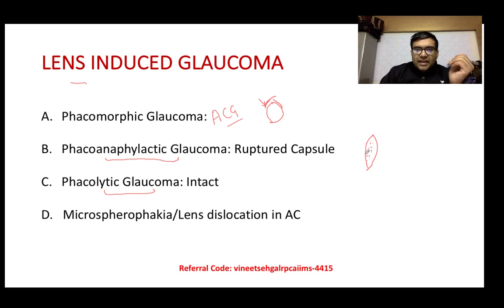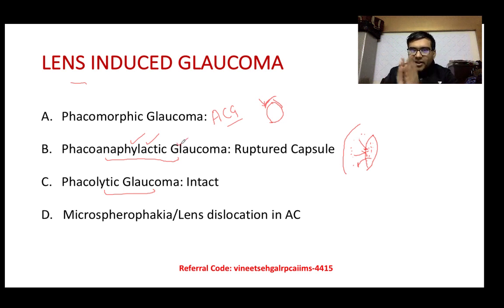So let's say by a trauma, or during a cataract surgery, the capsule is removed. After that, the lens particles can come into the anterior chamber and cause instant uveitis there. This is called phacoanaphylactic glaucoma.